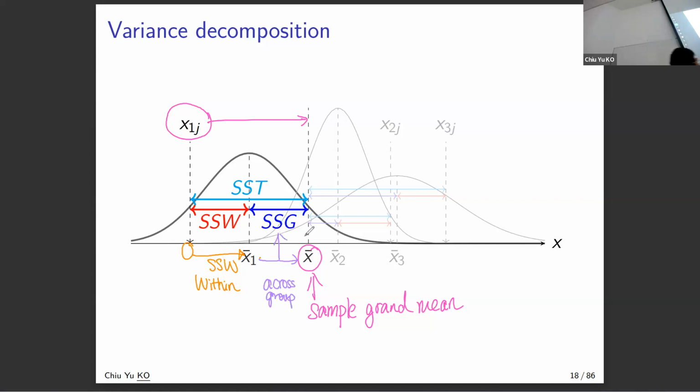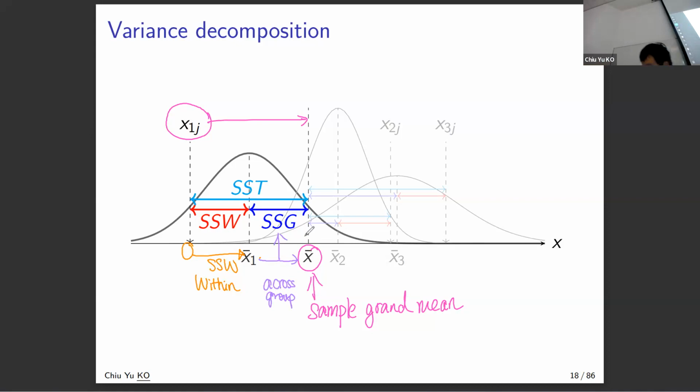So that's why the total variance can be decomposed into two parts, SSW and SSG. That is the graphical explanation: you go from your observation to the grand mean in two steps. You go to its group mean first, and then from the group mean to the grand mean.